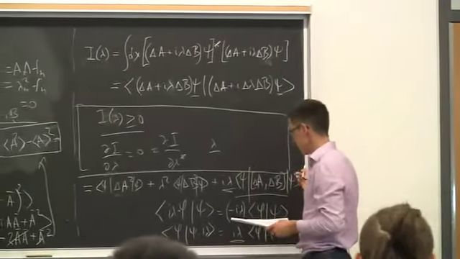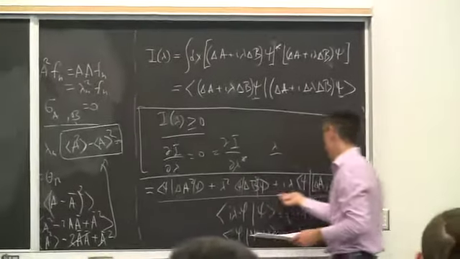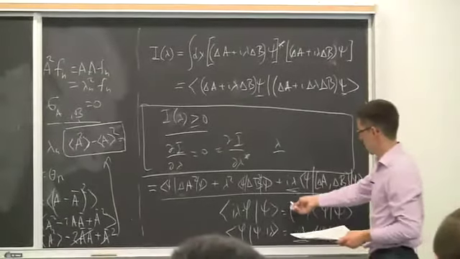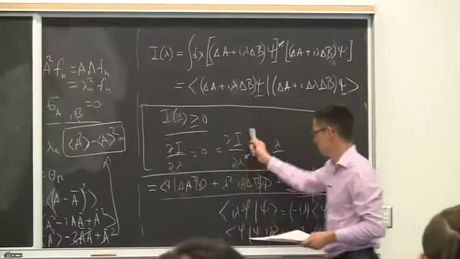So we do that, and now we differentiate because we have a form that, if we differentiate, is like a quadratic form with respect to lambda, right?